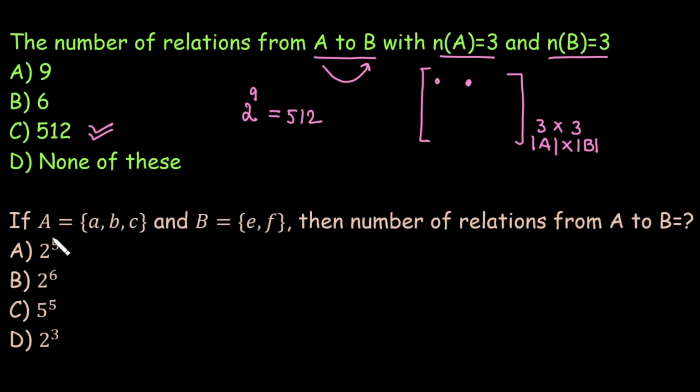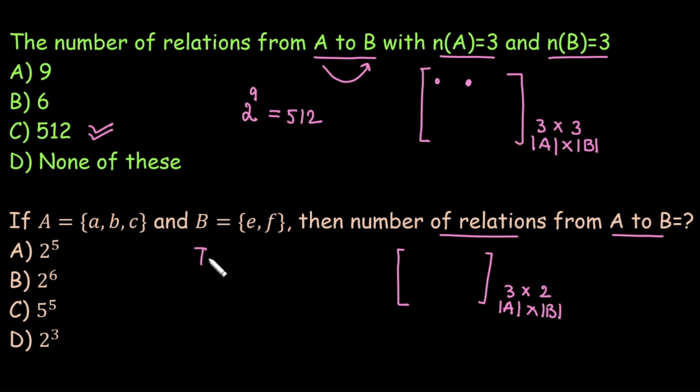Taking another example, let's suppose A has 3 elements a, b, c and B has 2 elements e and f. How many relations are there from A to B? Again we will get a matrix of order cardinality of set A into cardinality of set B. The total number of elements in A is 3, in B 2.